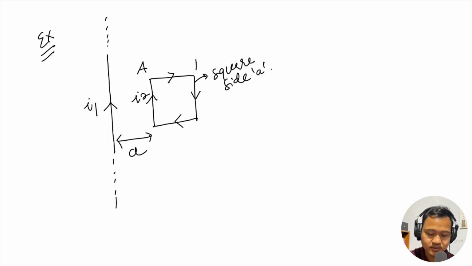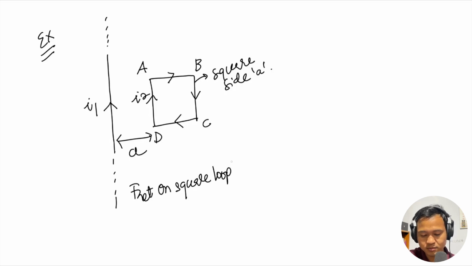So A, B, C, D. Find the net force on the square loop.